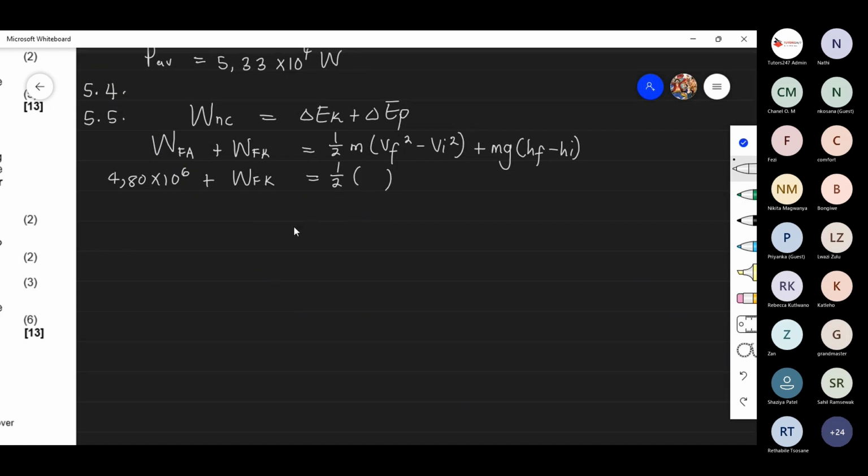Then we need to substitute the mass. I believe the mass was 1,500 times the final velocity was 25. Don't forget, you need to square the velocities. So that'll be 25 squared minus the initial velocity was 0 squared plus mass.